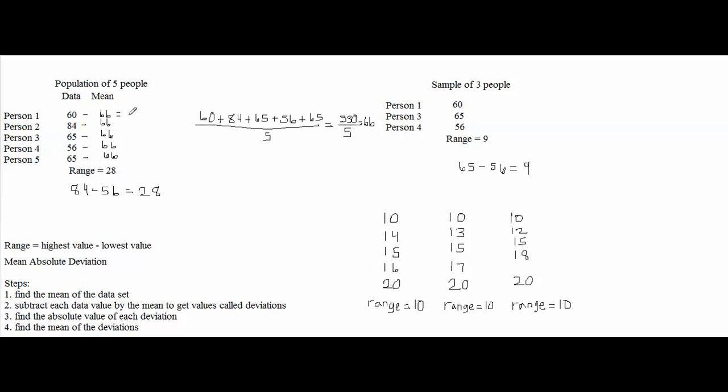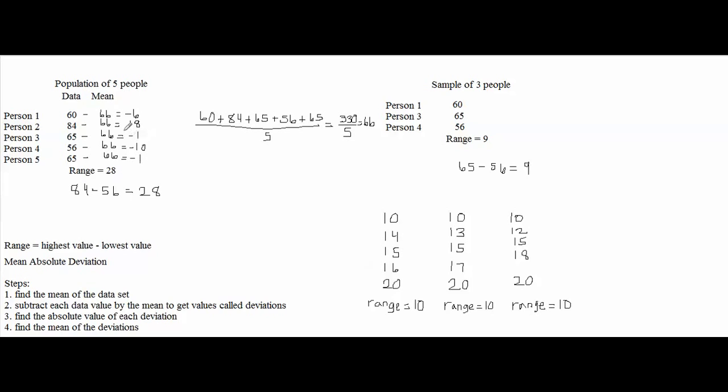Let's subtract all of these. 60 minus 66 is negative 6. 84 minus 66 is 18. 65 minus 66 is negative 1. 56 minus 66 is negative 10, and 65 minus 66 is negative 1.